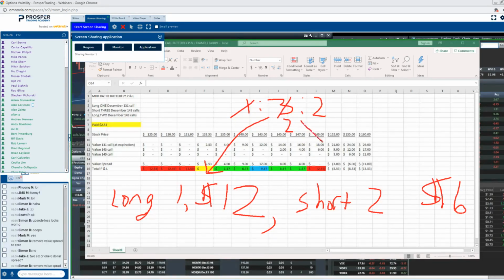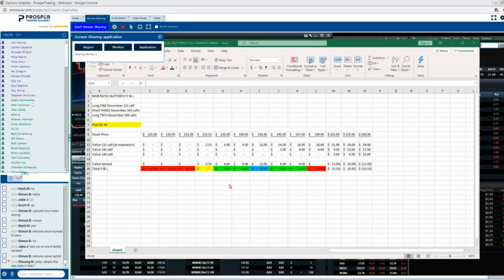And then we're short 2 of those. Simon, I don't understand what you mean. That's irrelevant, Fong. It's the 13th, but that's irrelevant. Simon, I'm not understanding what you're saying.